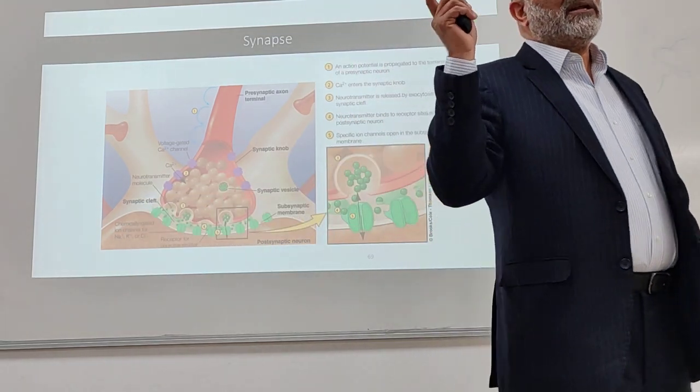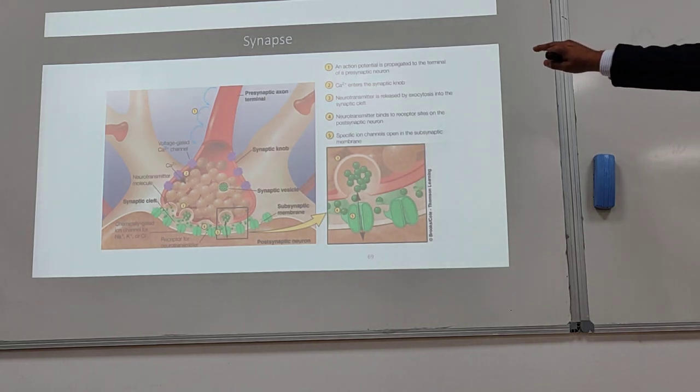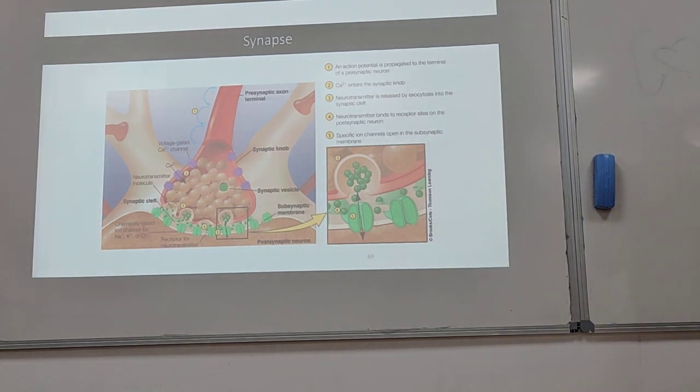If you remember, last time also I told you the figures are important. We give questions from the figures as well. But I will give this description on the next slide as well. Now what happens is this: when an action potential is coming in the presynaptic neuron, it is traveling like this. When it reaches here, the calcium channel opens.